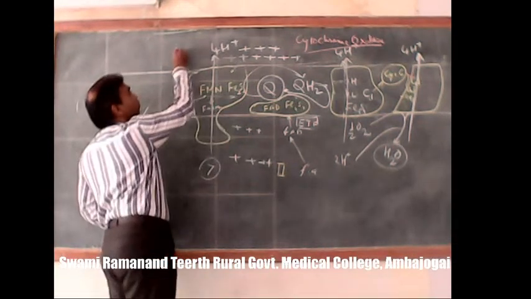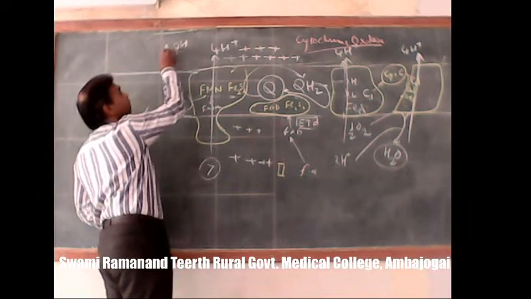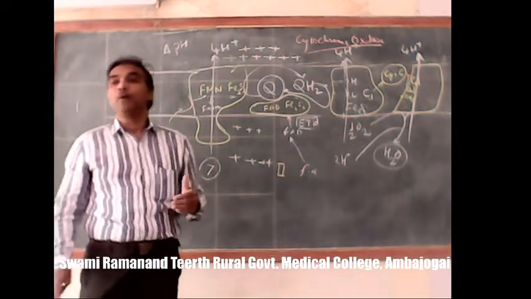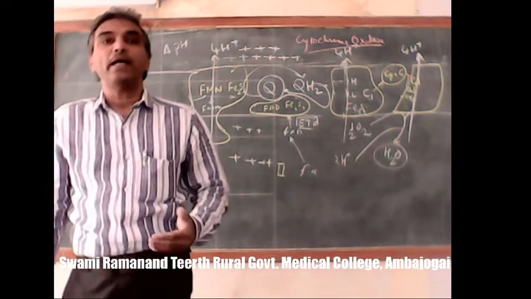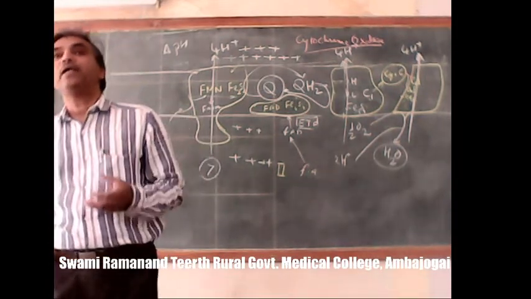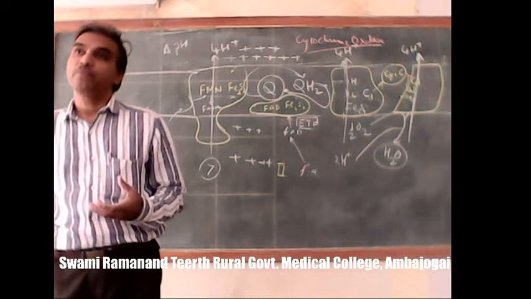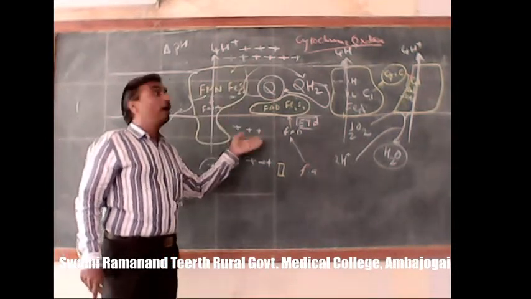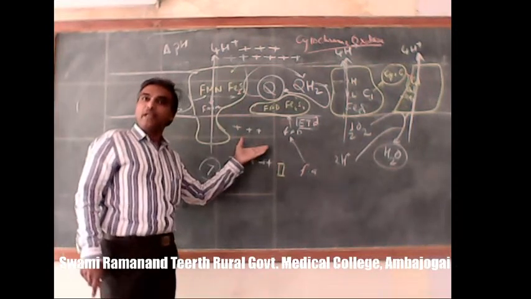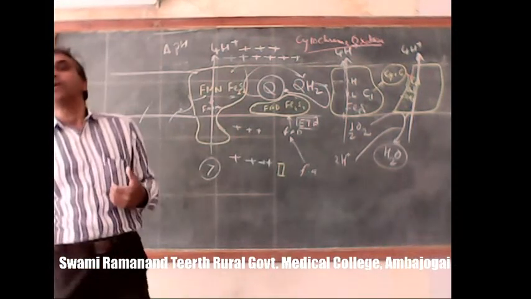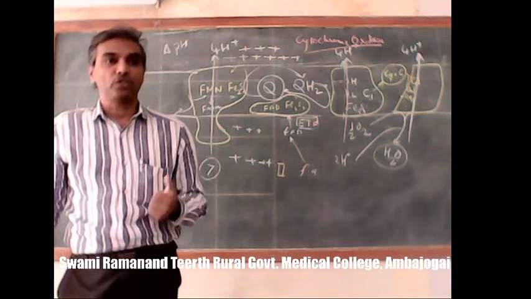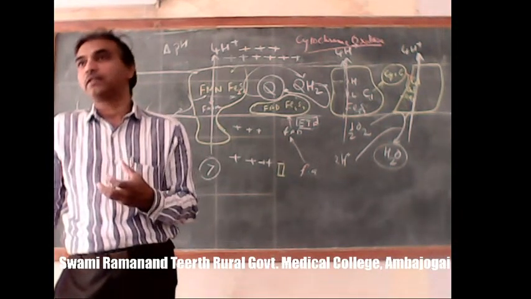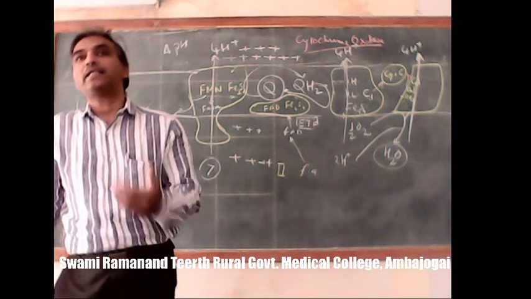So there is a difference of pH and a difference of potential. This is called the electrochemical potential difference, and this difference is called the electromotive force. So this is a force that is utilized for the next step.